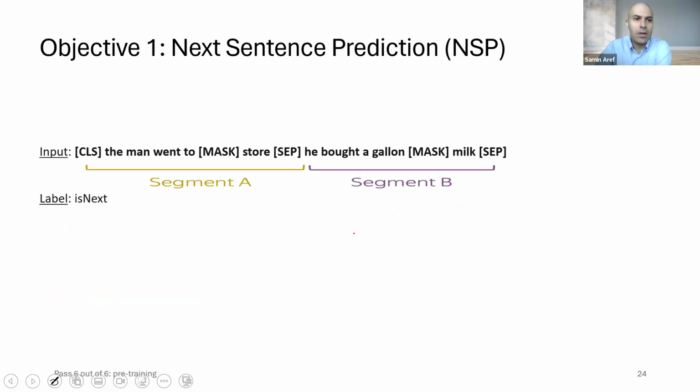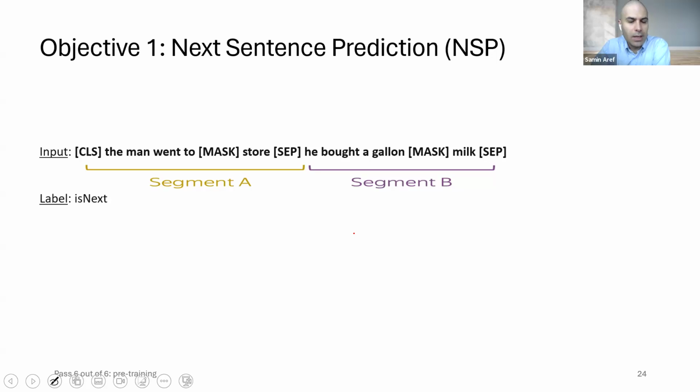Here is now objective one of BERT. In objective one, we want to predict the next sentence. It receives a pair of sentences. For example, the input could be: "The man went to [mask] store. He bought a gallon [mask] milk."